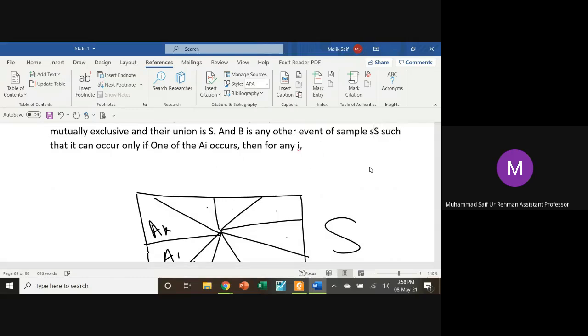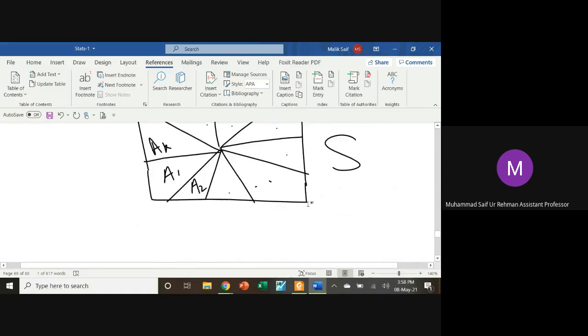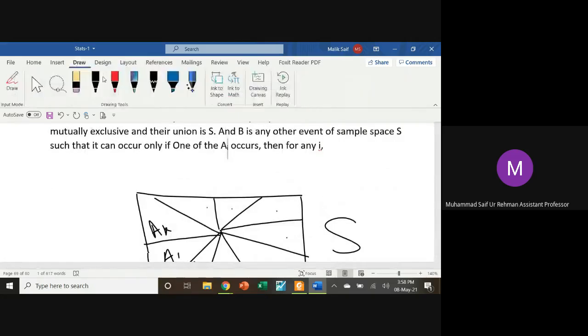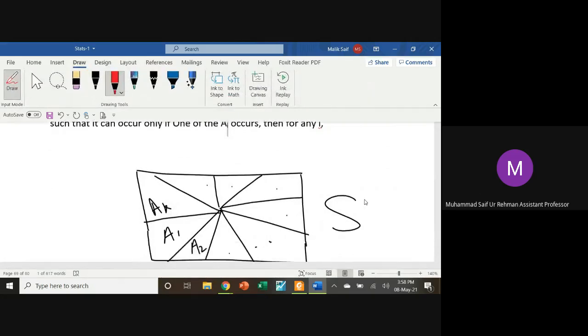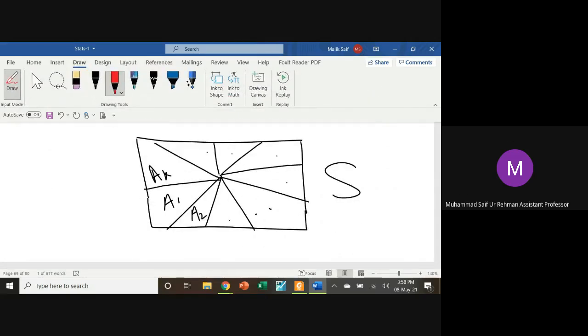And B is another event of the sample space S, such that it can occur only if one of the A_i occurs. So let's say this is the event that I call B. Now you can see that only if A1 is there, B will occur.